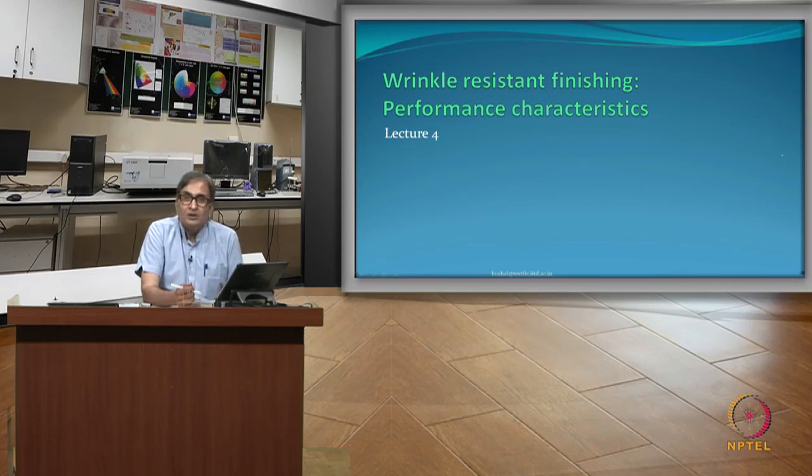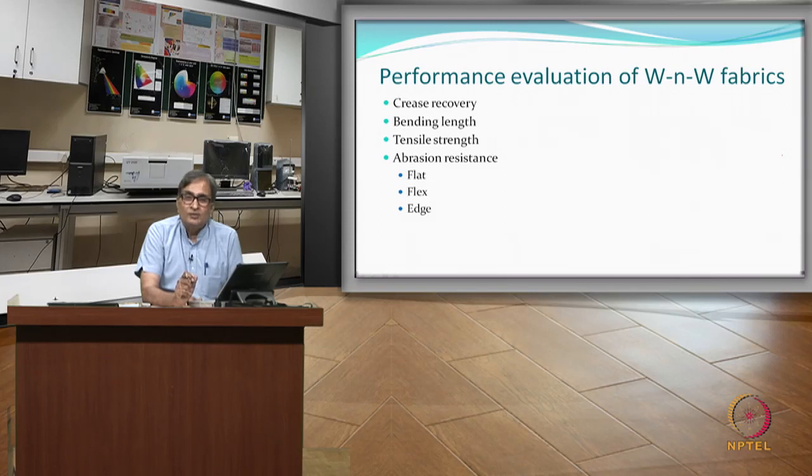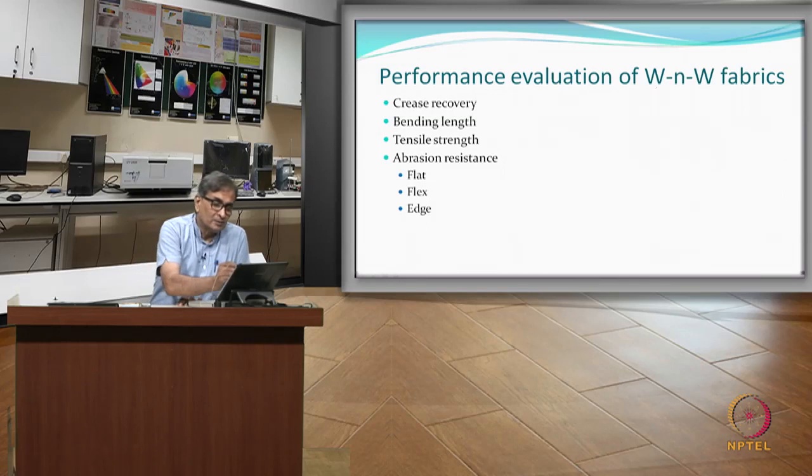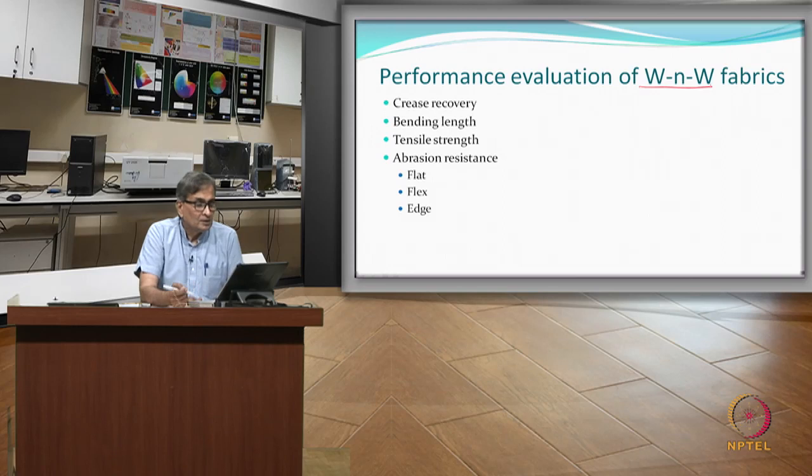There must be some way to measure the performance of this fabric, and this is what we will try to highlight more in this lecture. The performance of these fabrics, sometimes also known as wash and wear fabrics, can be assessed by measuring crease recovery, bending length, tensile strength, and abrasion resistance.